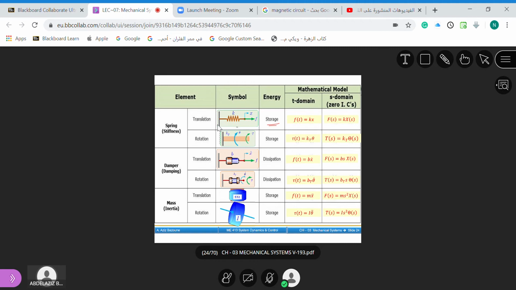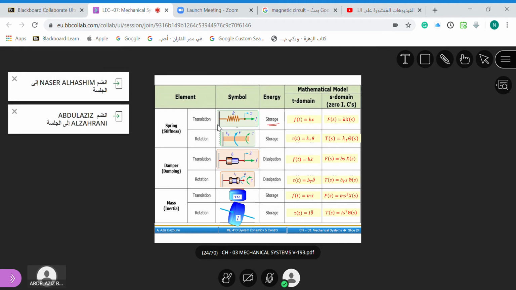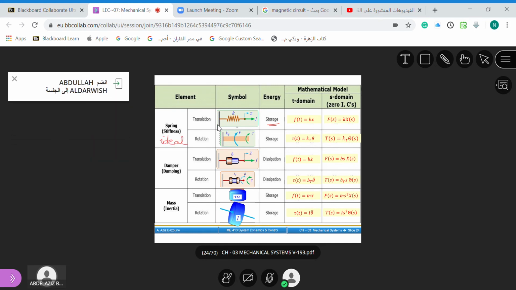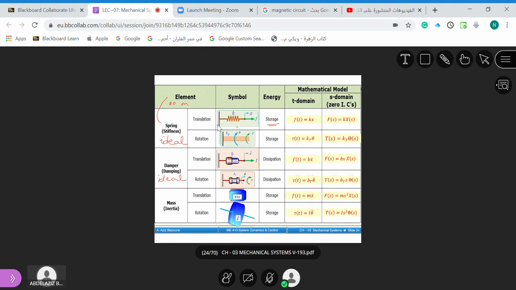So when we are dealing with this type of spring, we are dealing with ideal elements. This one is also ideal. So here we assume no mass and no damping. This is just to refresh your memory. And here, no stiffness.